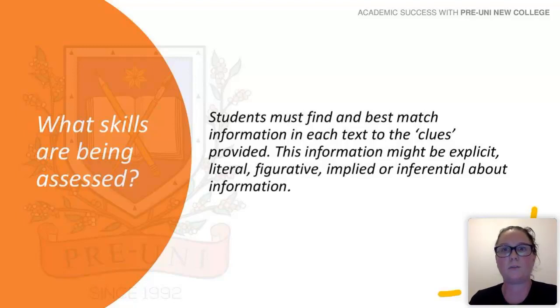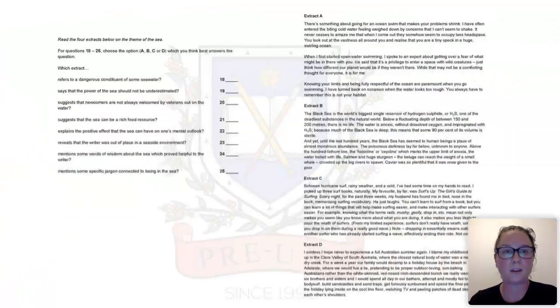Sometimes the information could be very explicit. That means it's quite obvious. It's told in the text. Other times it's literal. Other times it's figurative. So using an extended metaphor or lots of mixed metaphors or allegories. And yeah, that's for implied and inferential information.